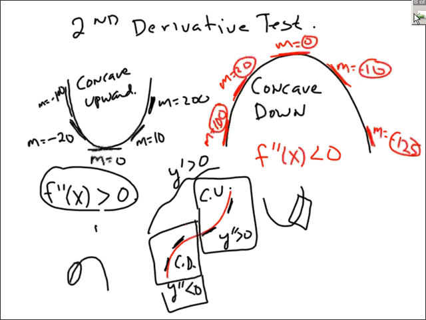But the second derivative changed. Part of it, the second derivative was negative, and part of it was positive. Knowing the first derivative doesn't tell you anything about the second derivative.